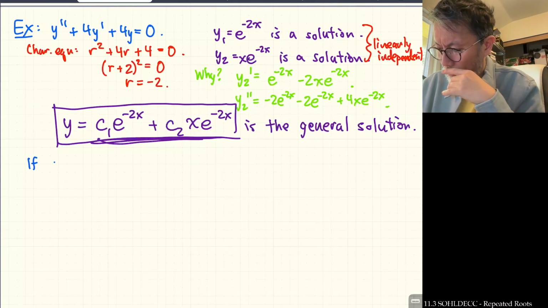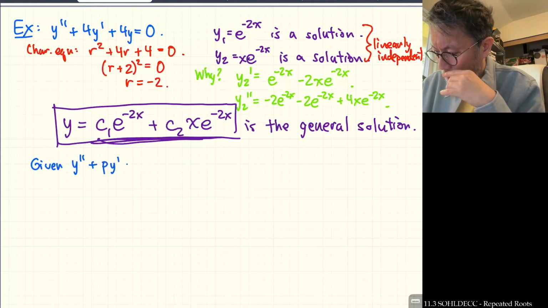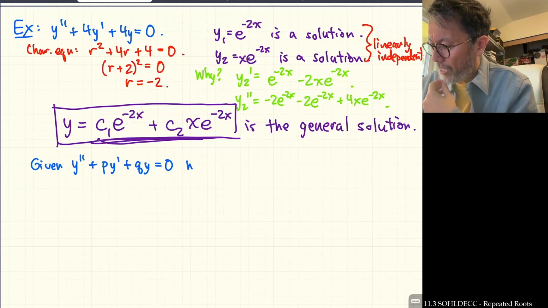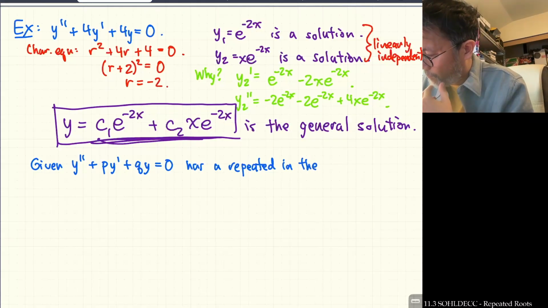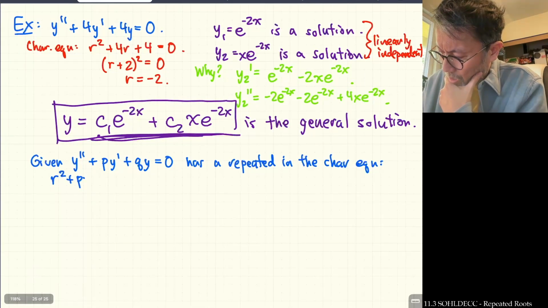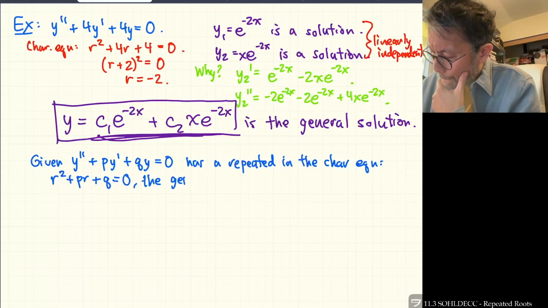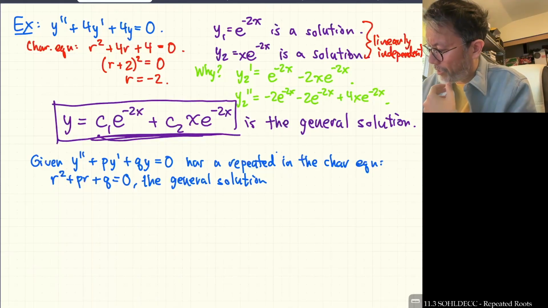Given the equation y double prime plus py prime plus qy equals 0 that has a repeated root in the characteristic equation, r squared plus pr plus q equals 0, and let's give a name to the repeated root.